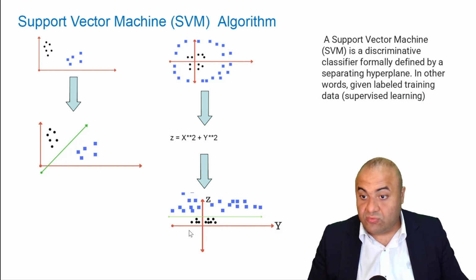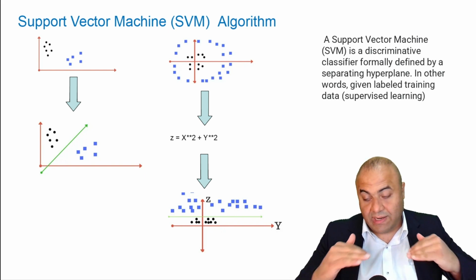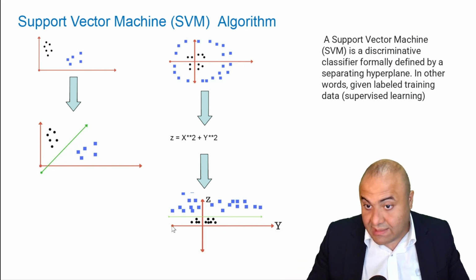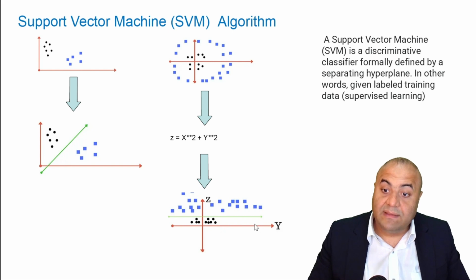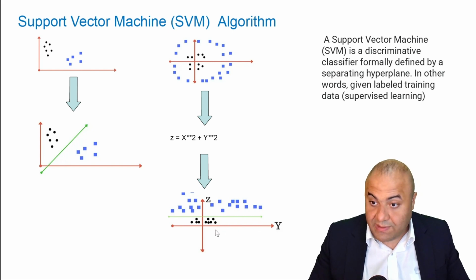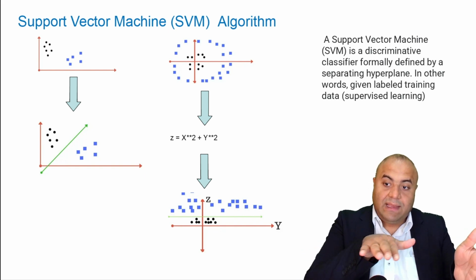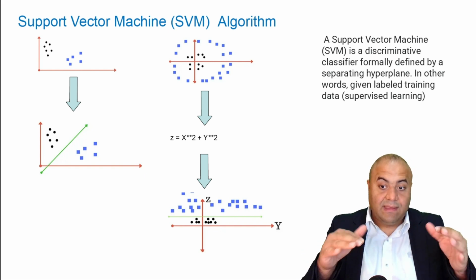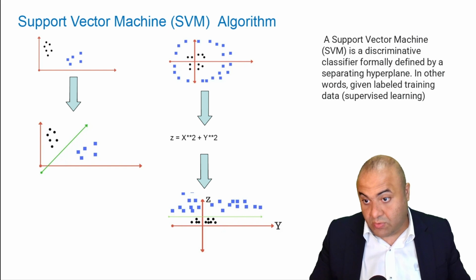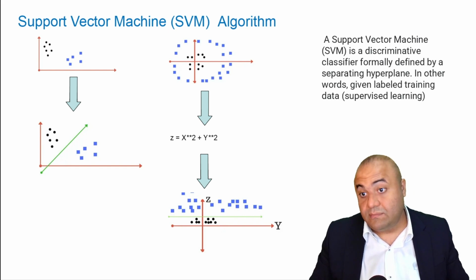And now it's easy to have a hyperplane, in this case a plane, that can separate these points. Of course, this is going to be in 3D, so it's going to be an actual plane that separates these points neatly.